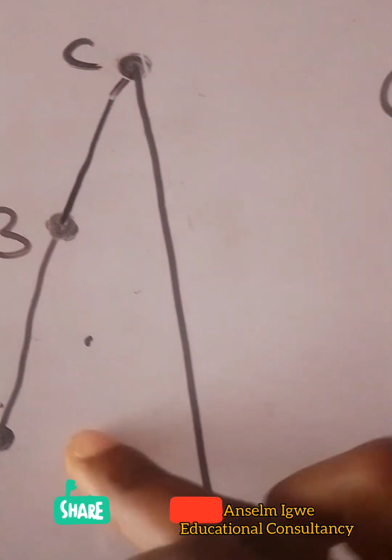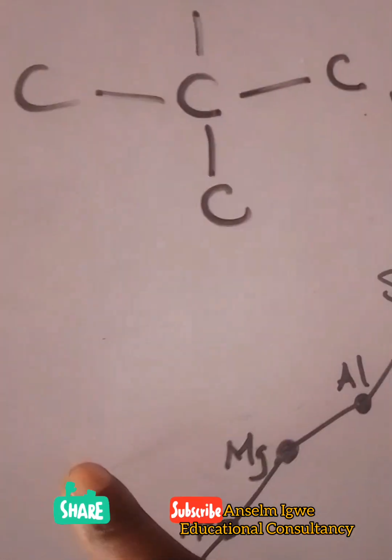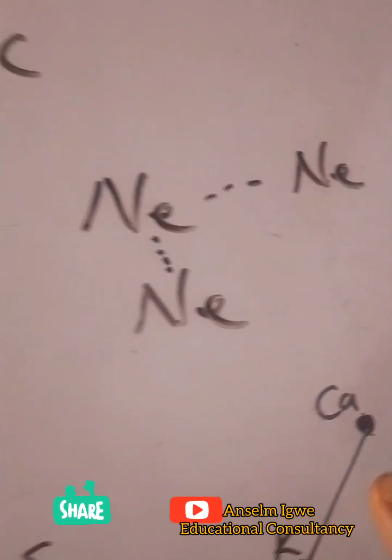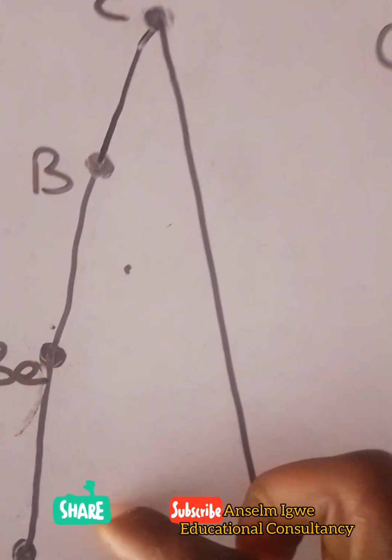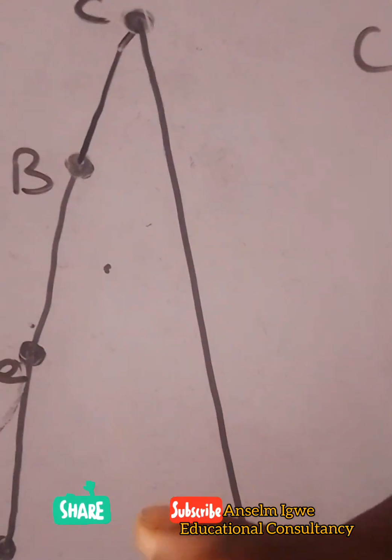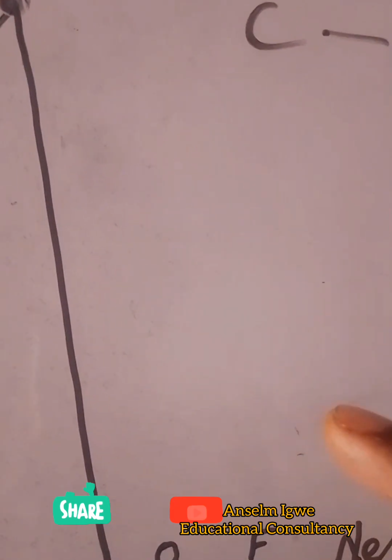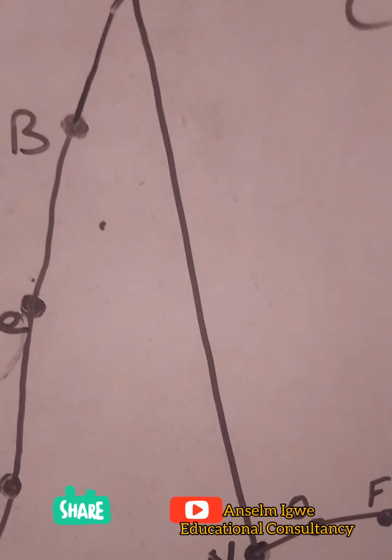They slightly increase. Look at beryllium, look at magnesium, see where calcium is slightly higher. And group 3 also. Group 1 is unique. Their melting points slightly go down the group, but increase across the period. But that increase across the period is not regular.